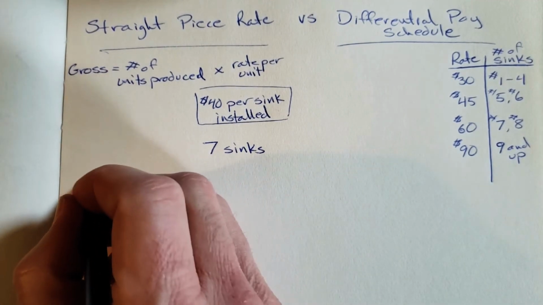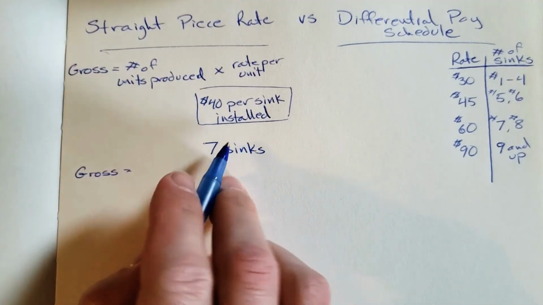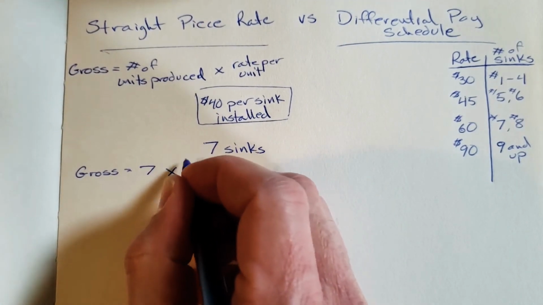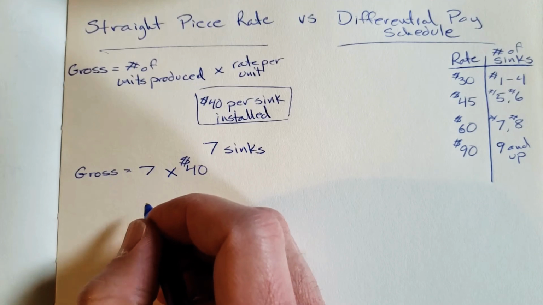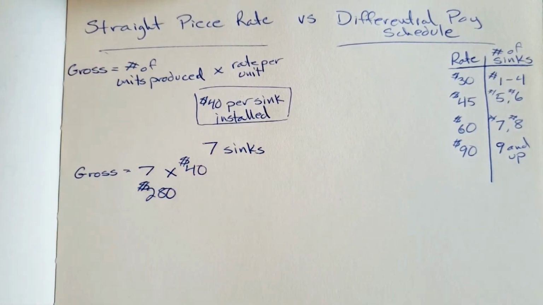To get the gross pay, you would take the number of units produced, 7, times the rate, 40. And 7 times 40 is $280. So that's what their gross pay would be prior to taxes.